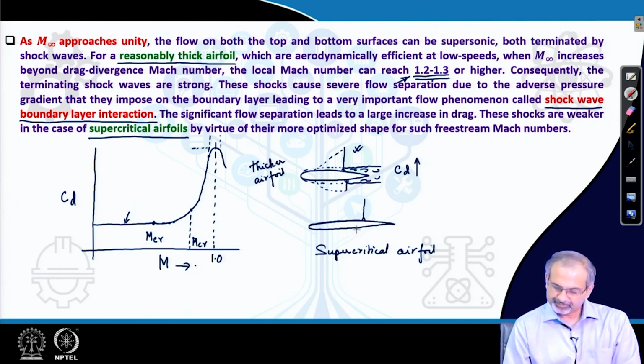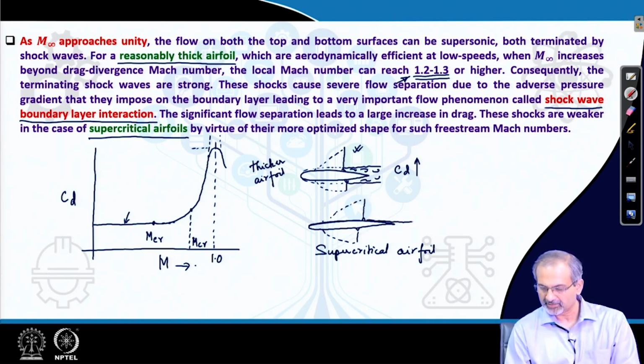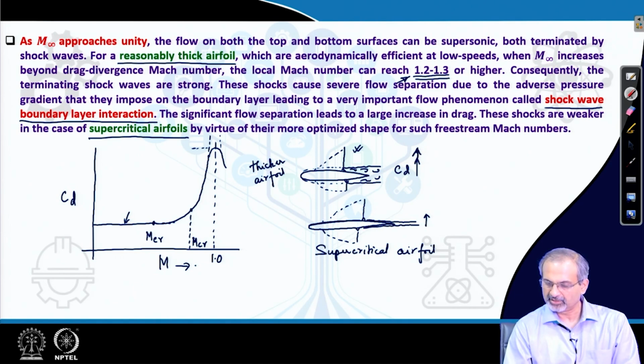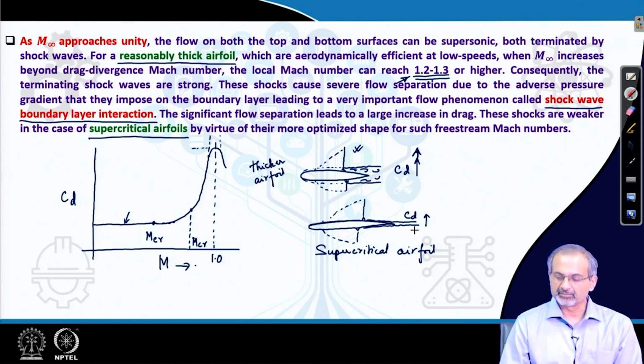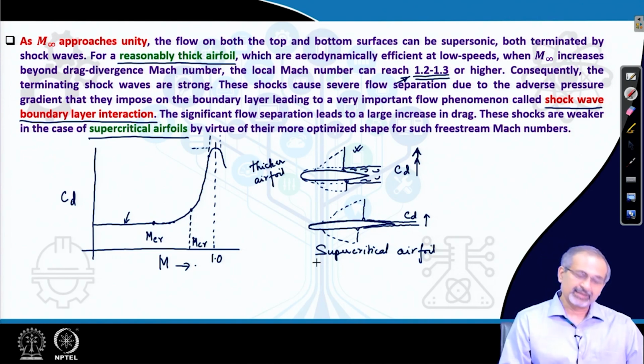And consequently, their aerodynamic performance is much better in these Mach number ranges. You will also have a much thinner separated flow in the wake. So, compared to the drag rise in the thicker airfoil case, this will be lesser. There would certainly be drag rise with increase in Mach number, but it will still be within an acceptable range.